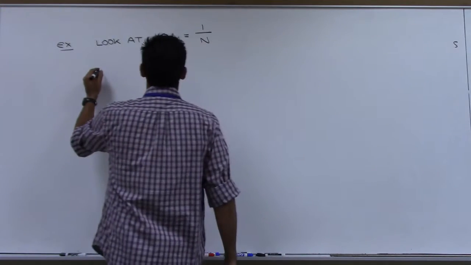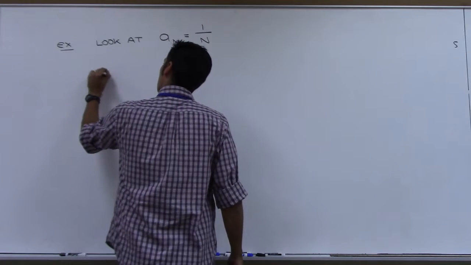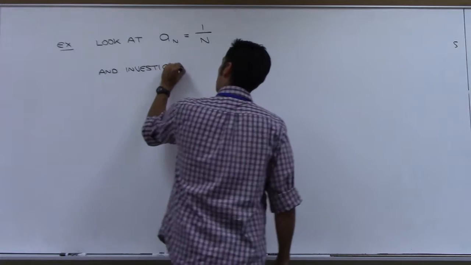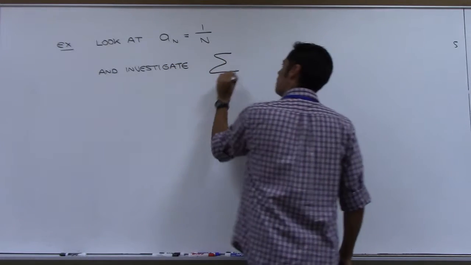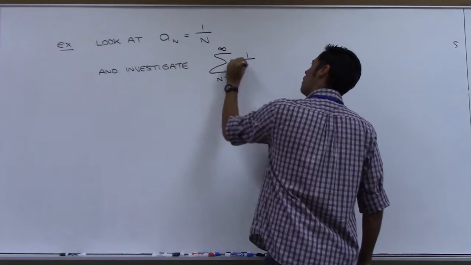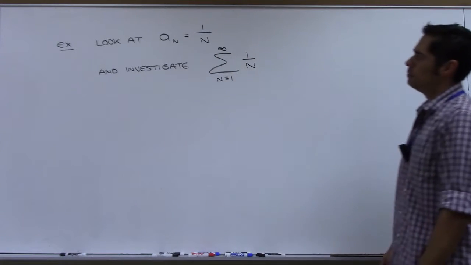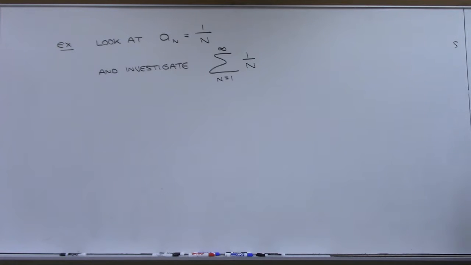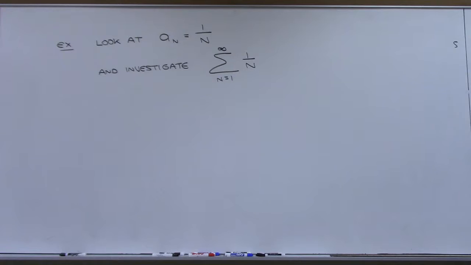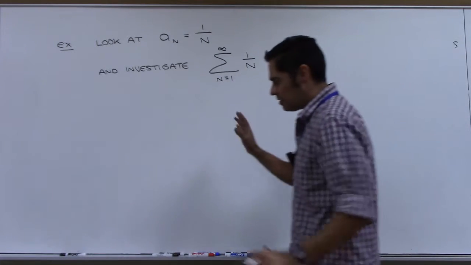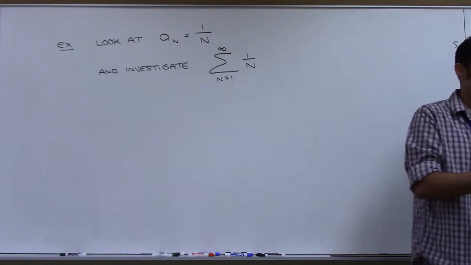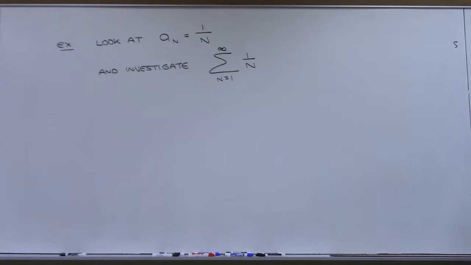I'm asking you to investigate this summation. Now I'm going to be doing a lot of things here as I work through this. I'm going to be using different letters, and I want to make sure everyone's comfortable with it. So let me know if you're thrown off by any of the letters.